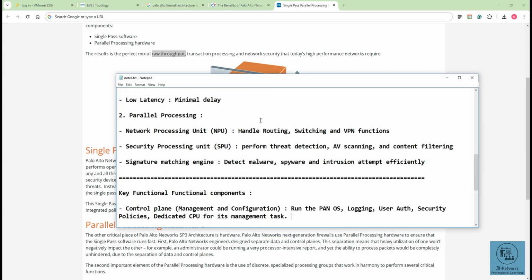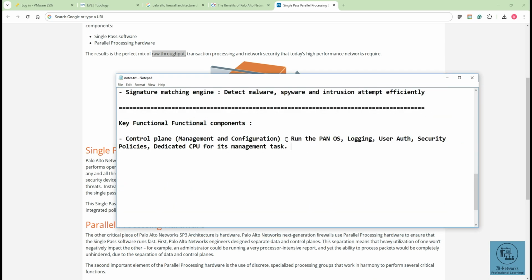The second functional component is the data plane, which works for your traffic processing. That means it works for your user data. It handles packet forwarding and inspection.